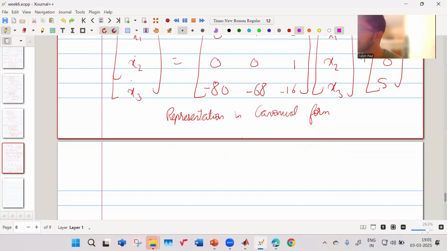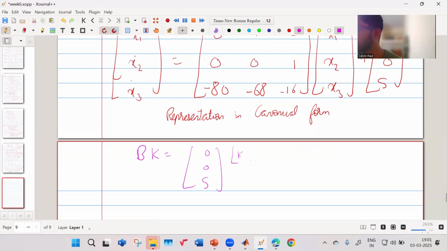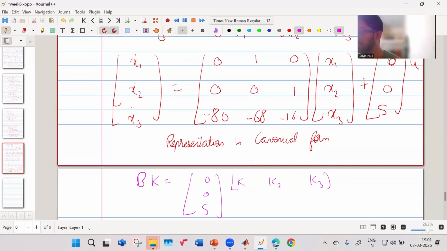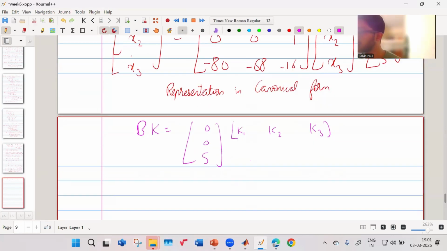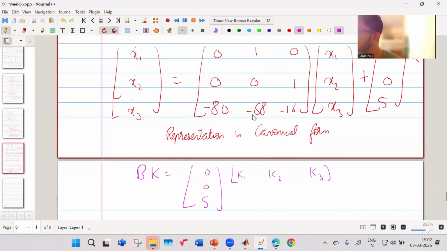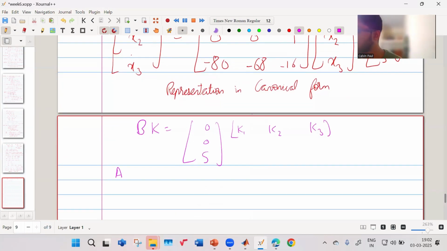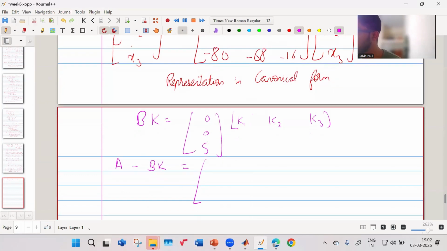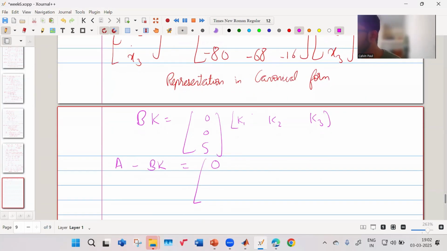Now, why it becomes easier is when you do b into k. Your b is 0, 0, 5, and this is your k1, k2, k3. What you want to do is a minus bk. So what is your a? Your a is 0, 1, 0, 0, 0, 1, minus 80, minus 68, minus 16.